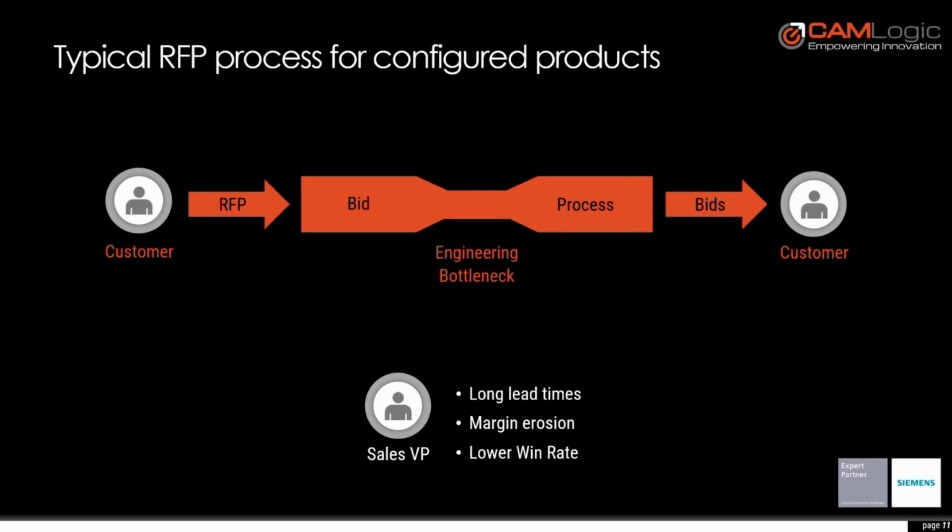Once the engineering work is done, only then can the manufacturer respond to the customer's proposal. This leads to a bit of a bottleneck with the engineering work. It can lead to lower win rates, longer lead times, and a bit of margin erosion because of the time it takes for some of these changes to process.